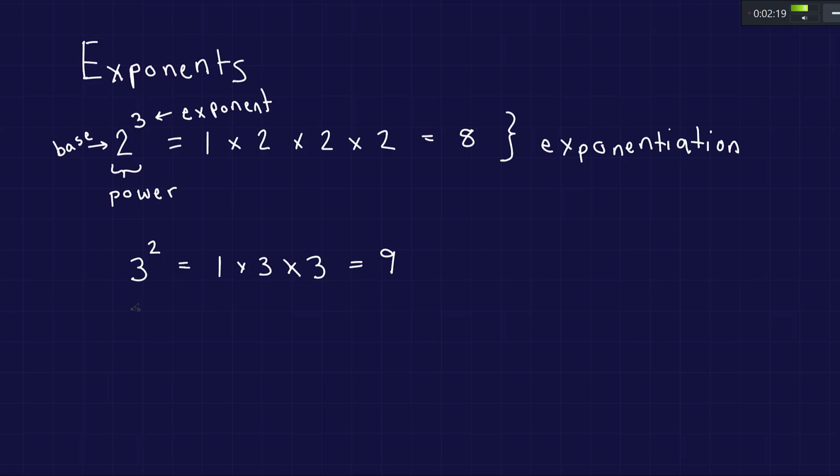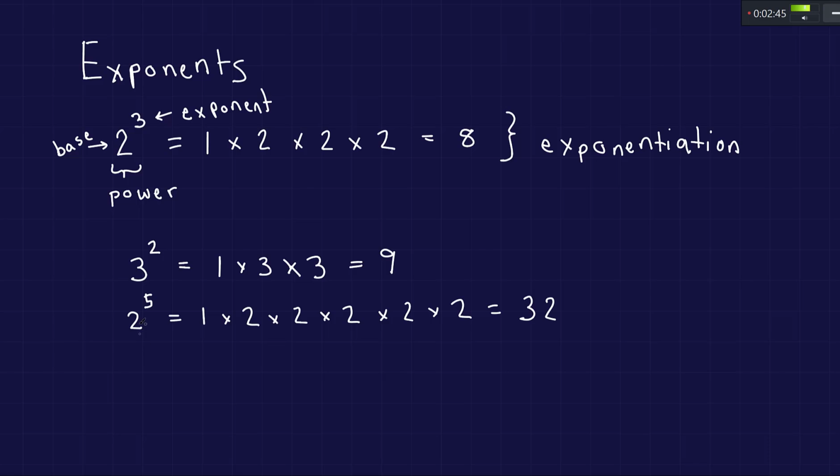How about 2 raised to the 5th power, slightly larger exponent? Well, that is 1 times 2 times 2 times 2 times 2 times 2, which gives us 2, 4, 8, 16, 32.